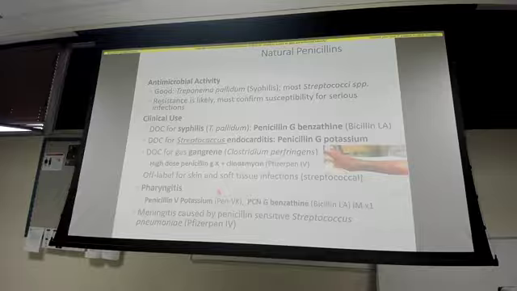When we're looking at off-label, we see that we have our skin and soft tissue infections, but again, those are the ones that would be caused by strep, which goes back to what we said already. Hey, it has good coverage against strep bugs. So that's why I can use it if my SSTI was caused by that strep.